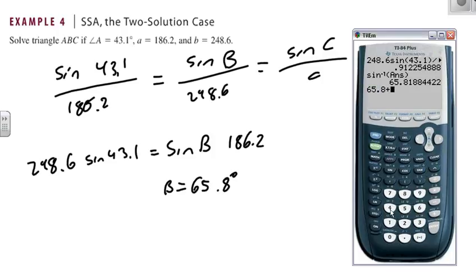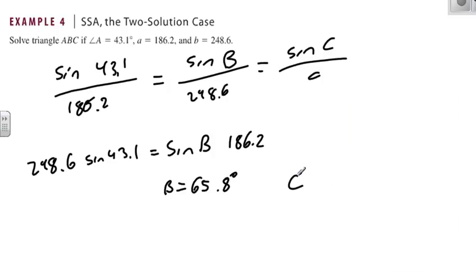If we add that to the 43.1, it's 108.9. Subtract it from 180 to find out our third angle. So C is then 71.1 degrees. And then we can use that to find the side length of C.